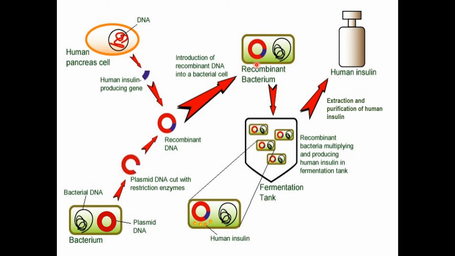Then, this recombinant bacteria will undergo amplification to make many copies of them, as well as the recombinant DNA. The process occurs in the fermentation tank. Before the extraction and purification of this human insulin, recombinant bacteria will undergo screening to identify the recombinant DNA with the human insulin gene.